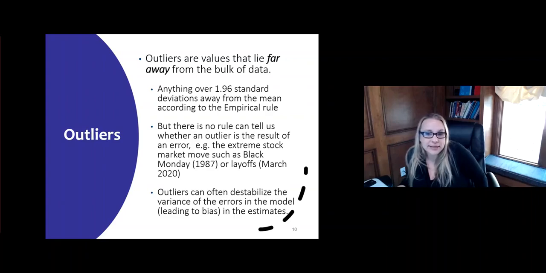There are always going to be some extreme situations that are inherently extreme outliers, but they can be valid observations too. Among them could be, for example, Black Monday of 1987, where they had one of the largest single-day drops in the market, or even more recently, the number of layoffs we saw in March of 2020.